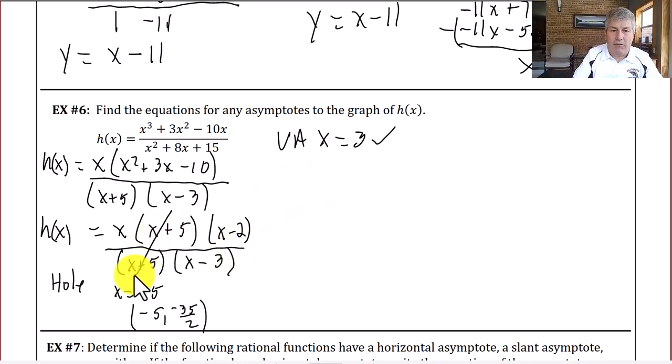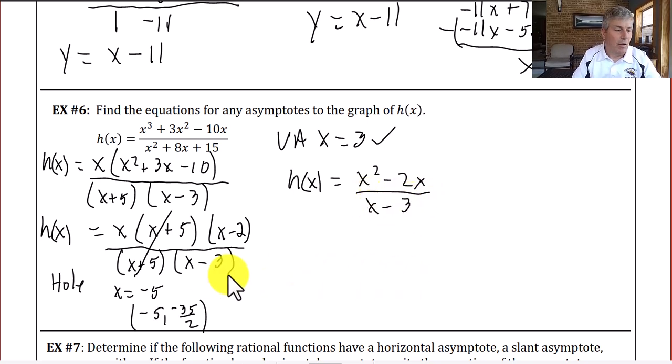Well, the x plus 5's cancel, and our equivalent function here, if I multiply back, h of x, x squared minus 2x in the numerator, and x minus 3 in the denominator. I think everything is correct here. I saw I made a mistake in my factoring. So my factors of the denominator, x plus 5 times x minus 3. Now it's going to be easier to go ahead and do synthetic division to find our slant asymptote.